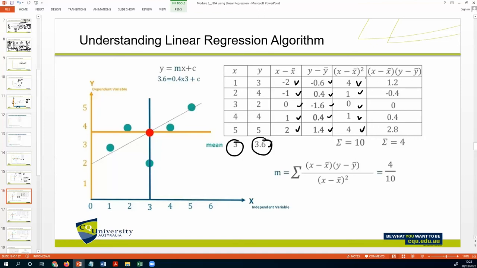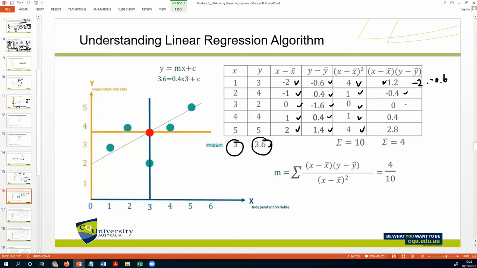X minus X mean, 1 minus 3 is minus 2, times Y minus Y mean, 3 minus 3.6 is minus 0.6, which results in 1.2.